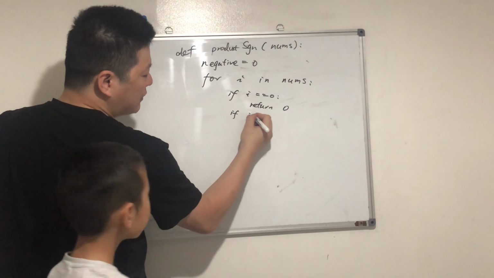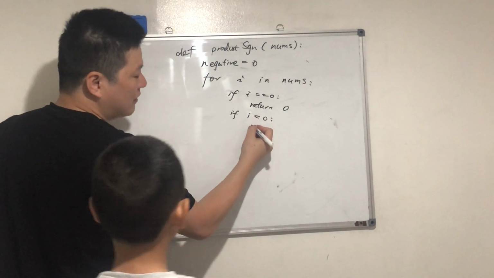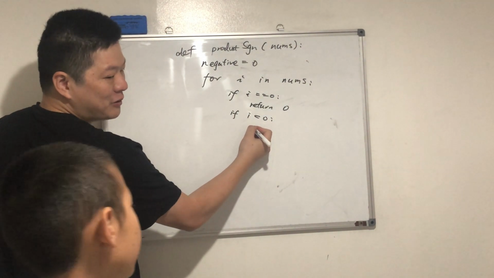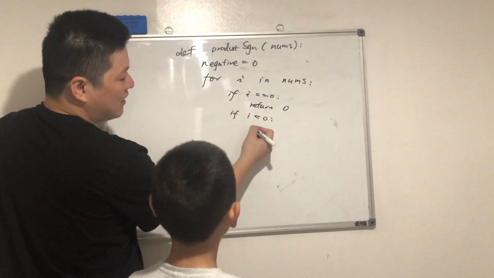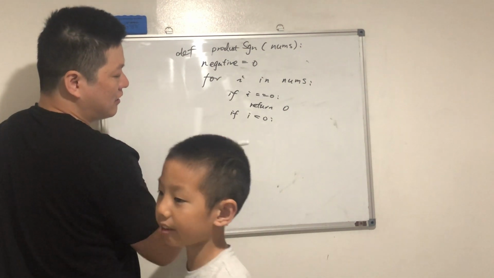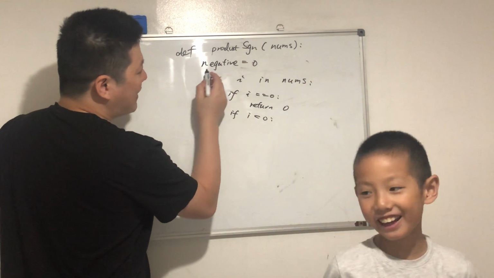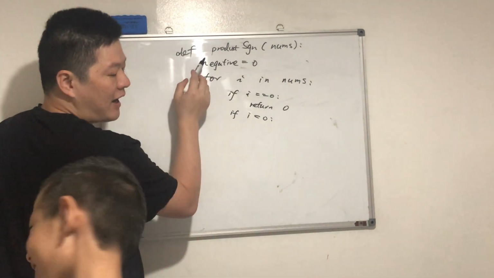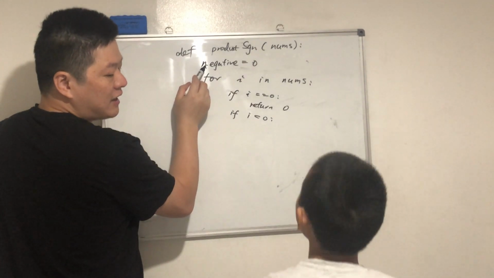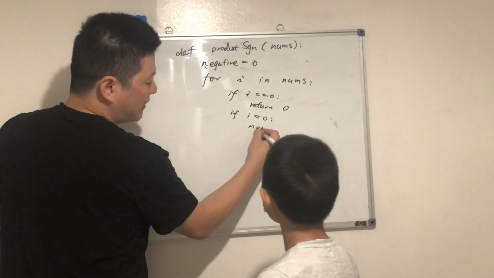If i is smaller than 0, what should we do? We should count how many. Negative, what should we do with the negative?